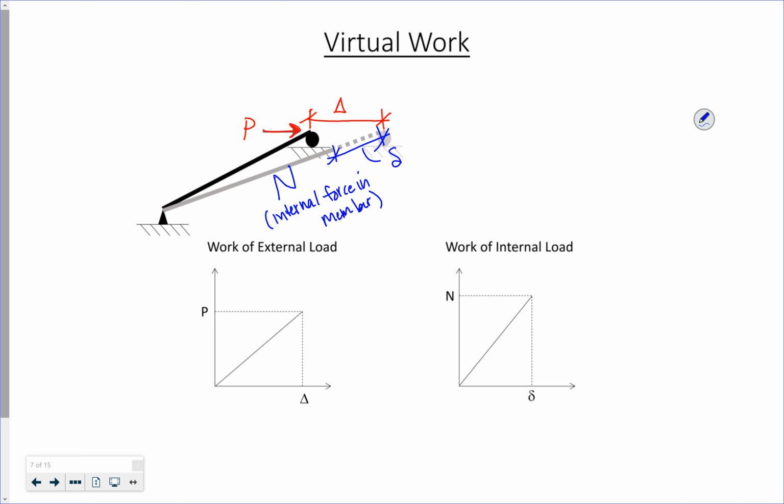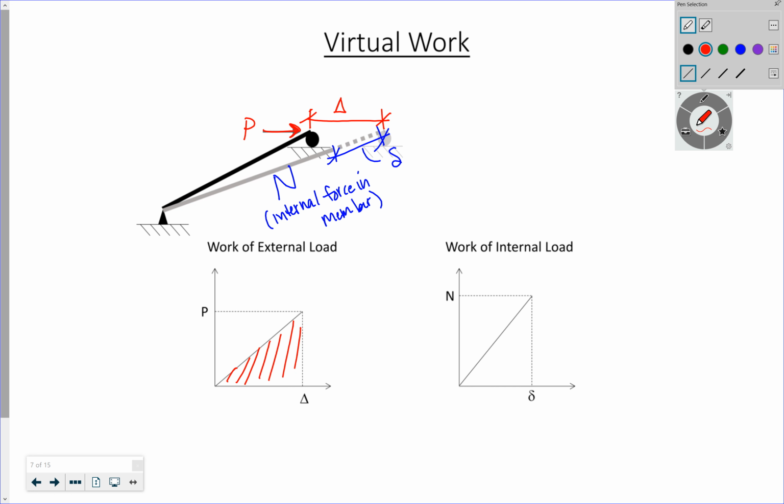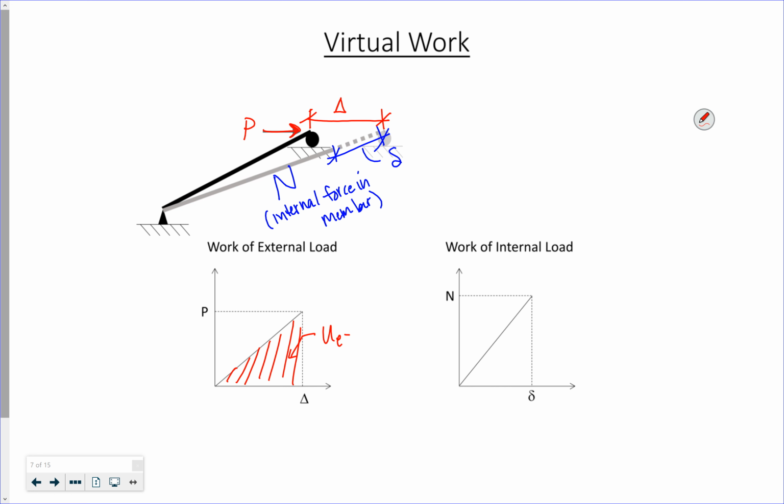If I have my little chart, my work done by that external load is the area under this curve. UE equals 1/2 P times big delta.